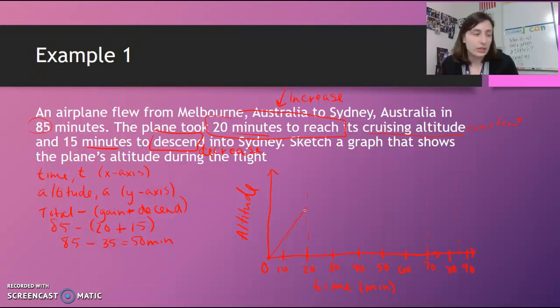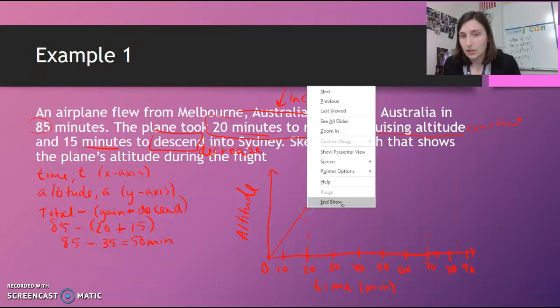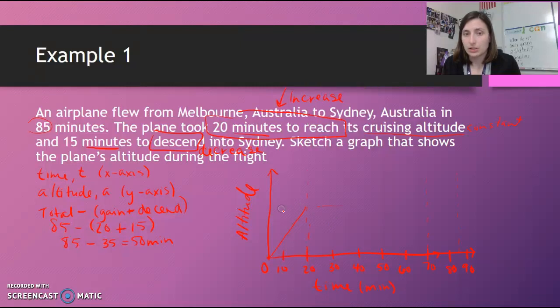And then from 20 to 70, we are going to draw as close to a straight line as possible for our constant altitude for that 50 minutes. And then from here, I'm going to draw a line going down. And again, I have to reach 0 because we're going to land and deboard the plane.